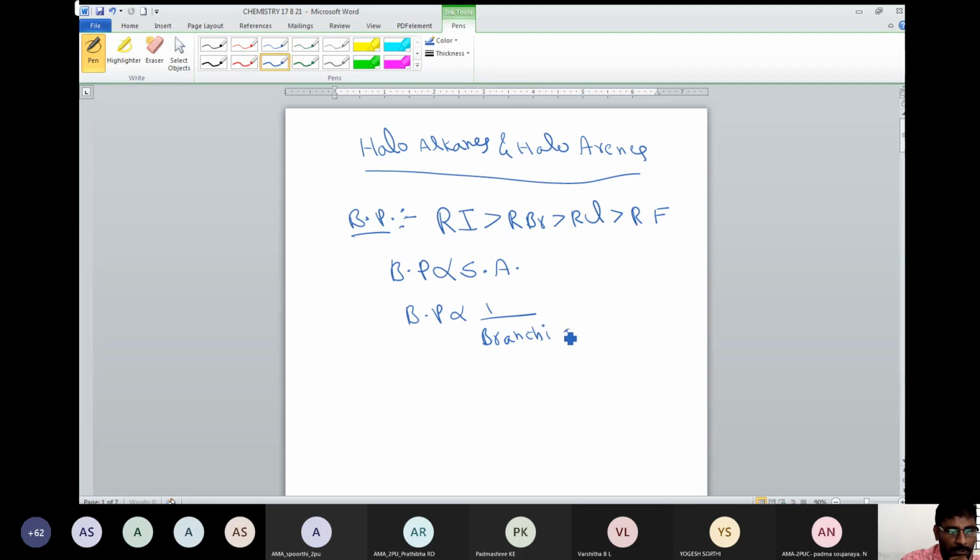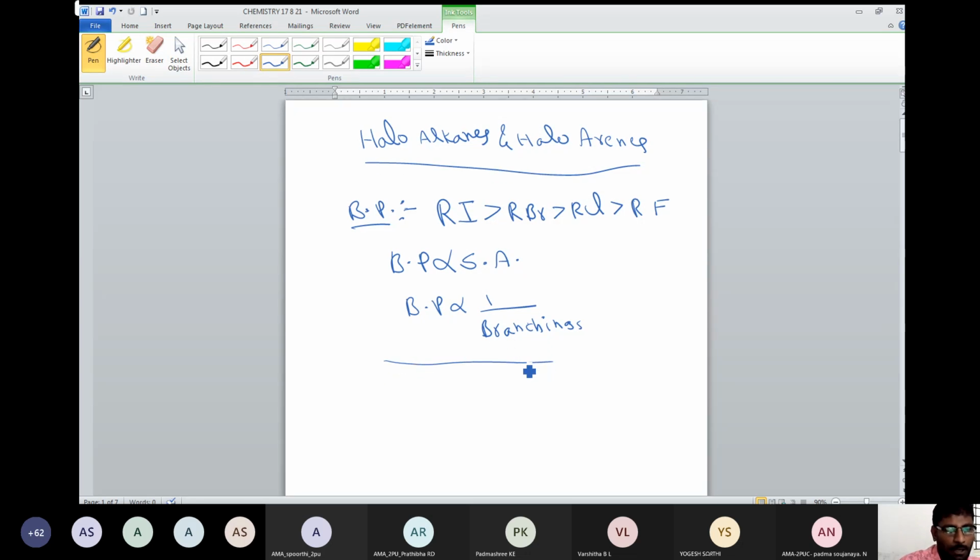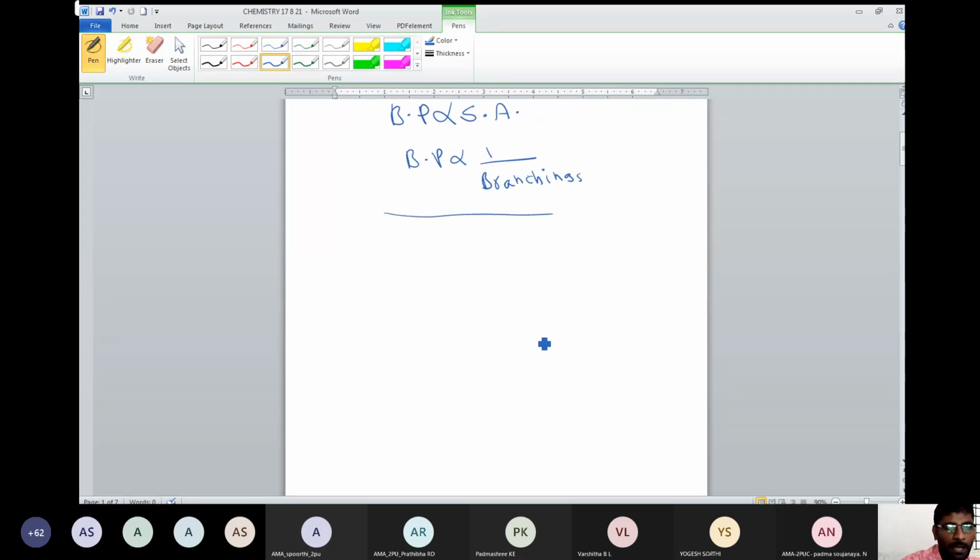When branching is there, the boiling point decreases, because branching decreases surface area. This is all we completed in the last class. Now they will also ask the boiling point of some haloarenes.